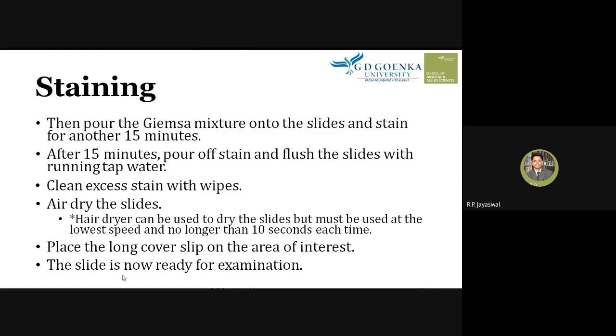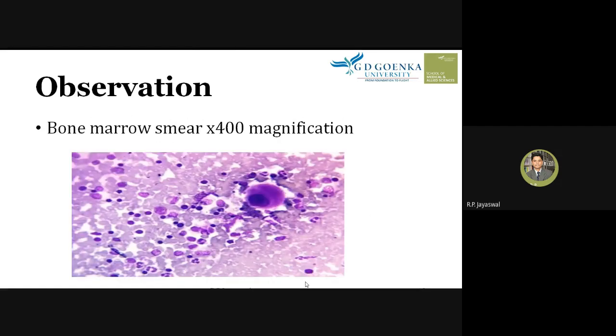Now the slide is ready for examination. You can see the smear at 400 magnification, means at 40x. This is the view observed. Now we can change to the 100x oil immersion objective, and you can see the details of the cells, each and every cell.